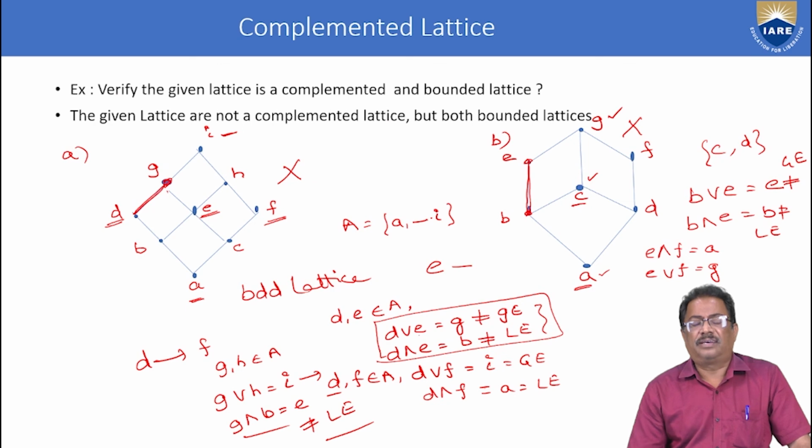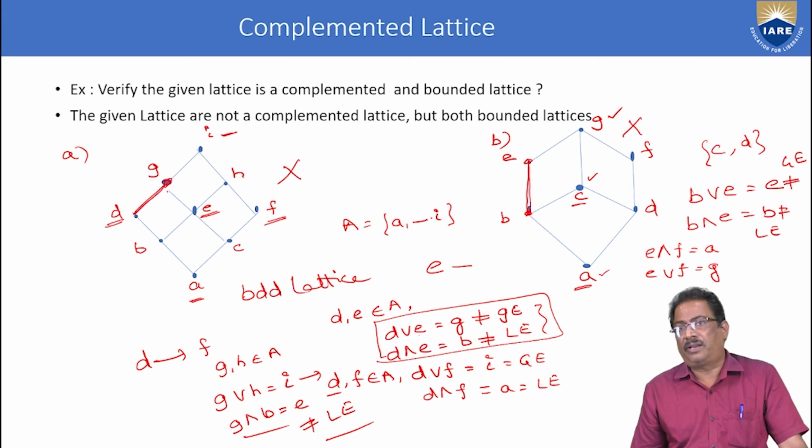Whereas here, if I am considering D and E, the least upper bound is G, which is not the greatest value, and the greatest lower bound is B, which is not the least one.